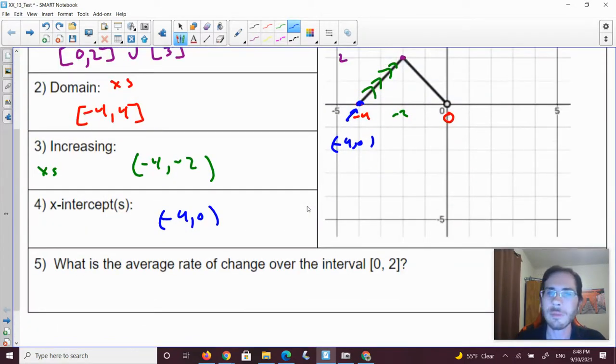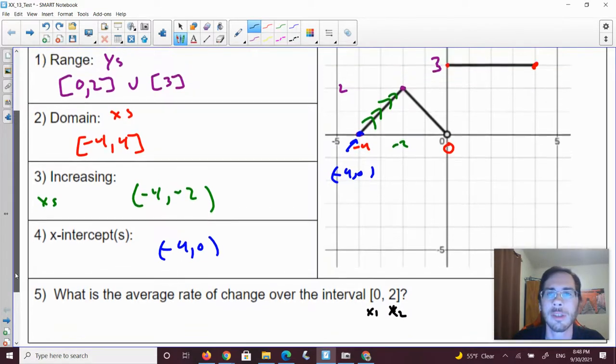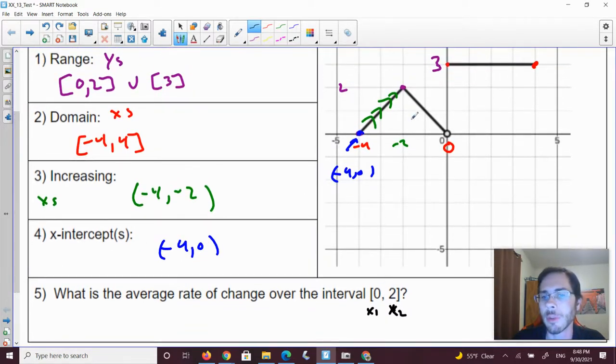Last thing we have to do is get the average rate of change from 0 to 2. Remember, these are both x values. This is x1, and this is x2. All right, now with 0 and 2, again, we have to be careful because we have to pick the points that actually exist. And when we talk about 0, this is where 0 actually exists. It's at (0, 0)... This is not (0, 0), sorry.